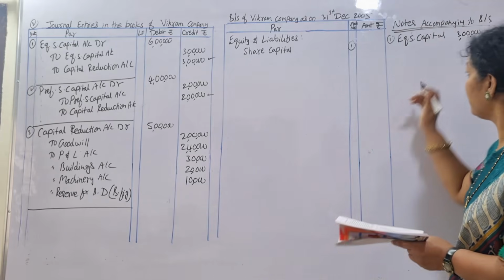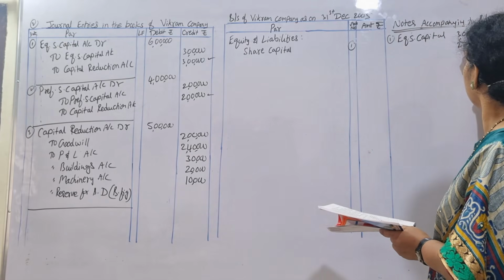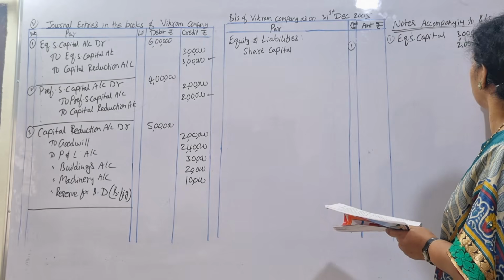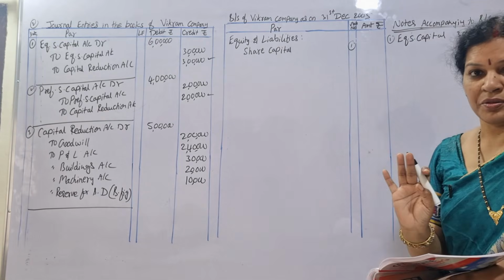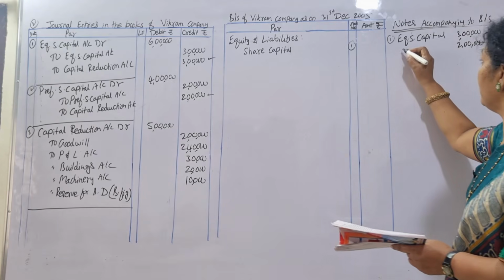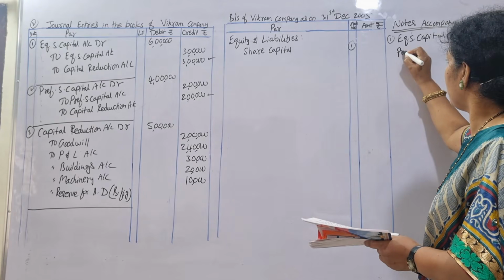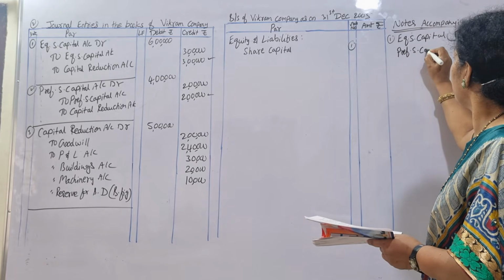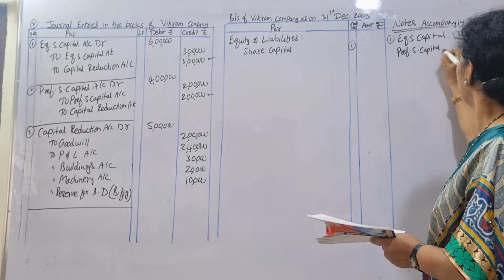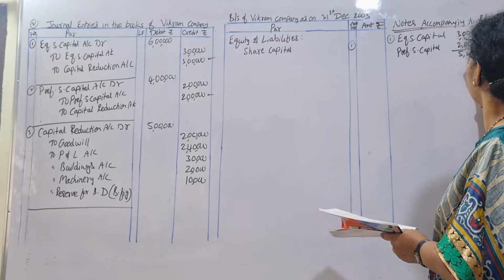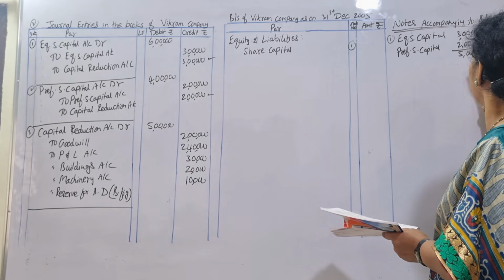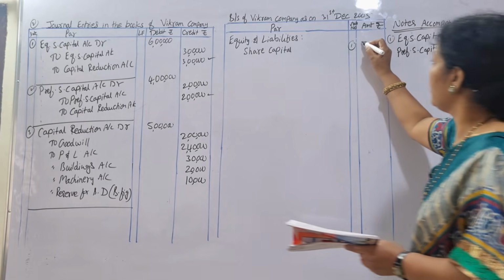Now left over for us is 2 lakh only. After deduction, whatever is there, that we are taking. This is preference share capital. Total it is 5 lakh. Point number 1, as per that it is 5 lakh.